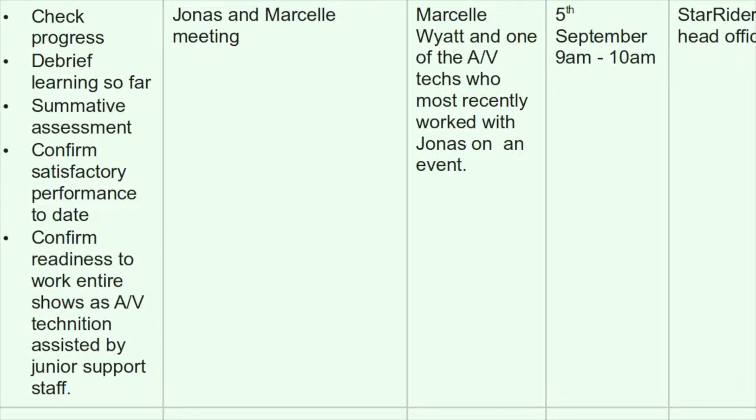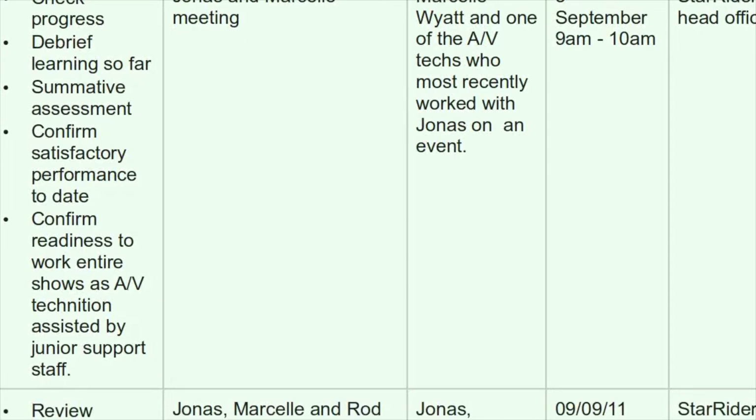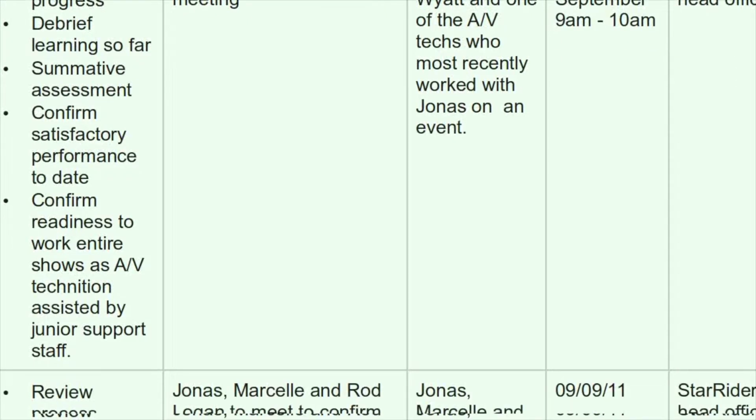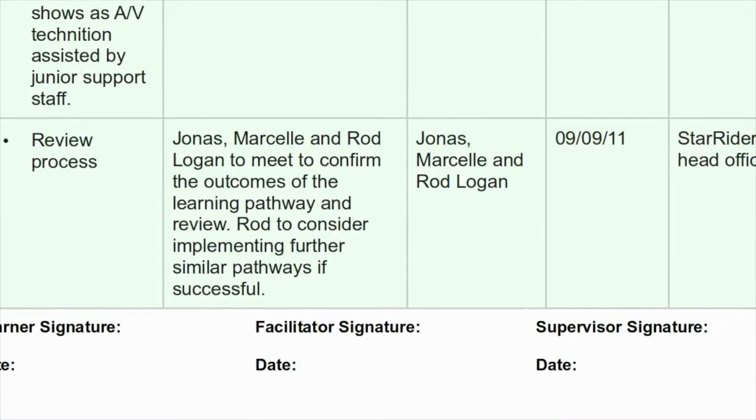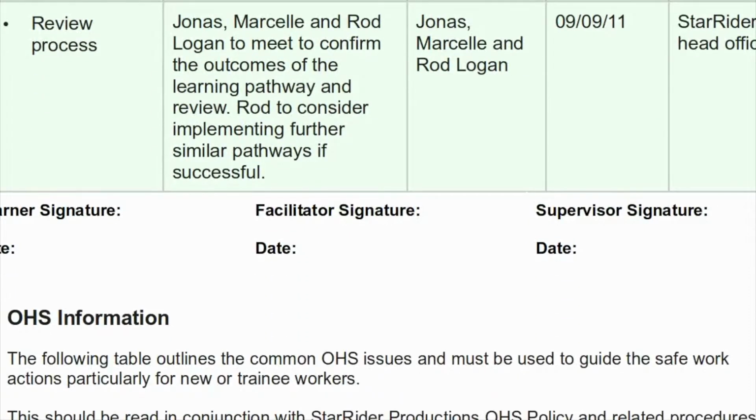If everything goes according to plan, our learner will have achieved the learning objectives, received his promotion, and the company has a new, skilled worker who they've promoted from within. Interestingly, the final part here is actually a review, so the learner, the facilitator, and the manager meet to confirm the outcomes of the learning pathway. And the manager is also going to consider implementing further similar work-based learning pathways if this one was successful.